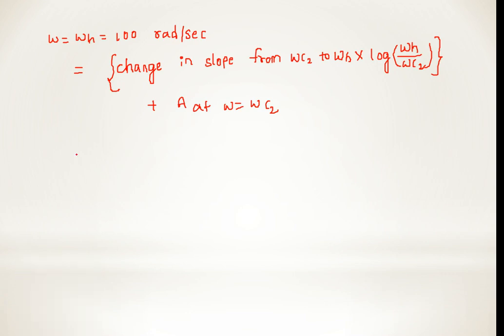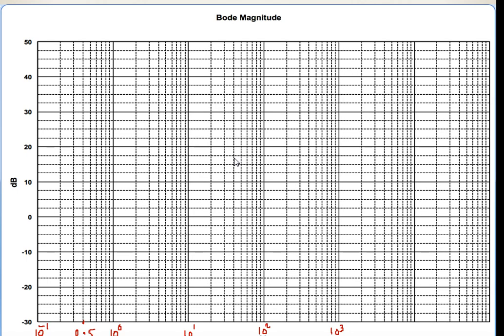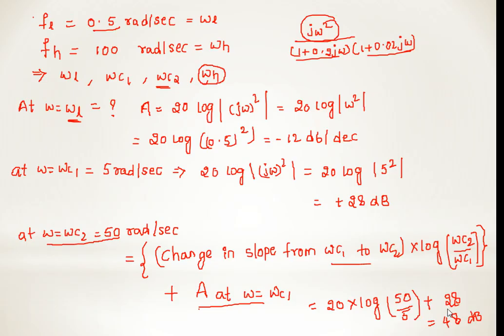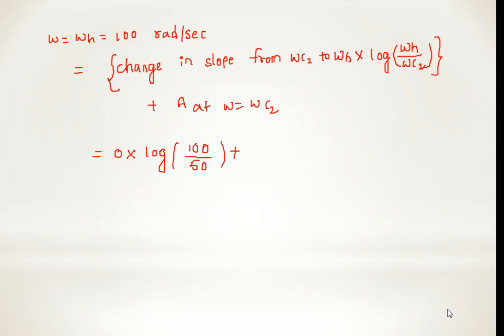So 0 multiplied with the log function, the highest corner frequency is 100, we are assuming, and omega c2 value is 50, plus the magnitude at the second corner frequency. The magnitude at the second corner frequency is 48 decibels. So I am writing the 48 decibels here.